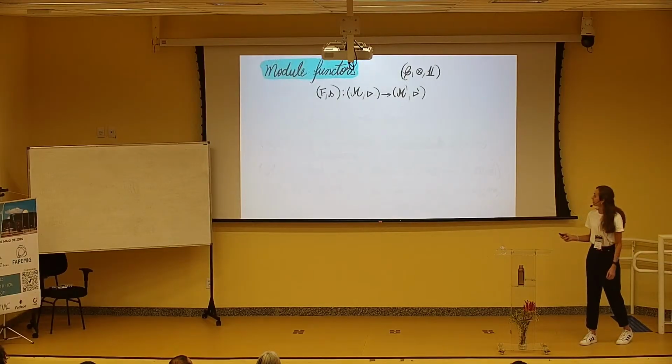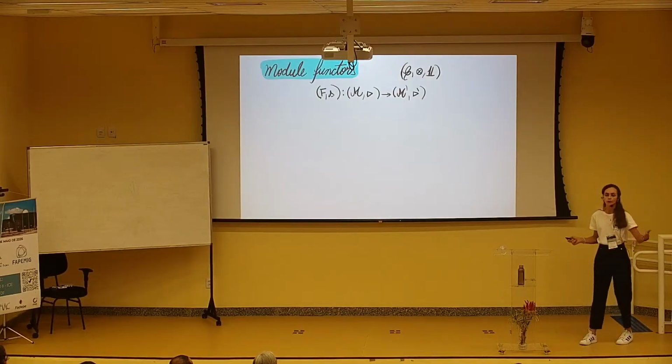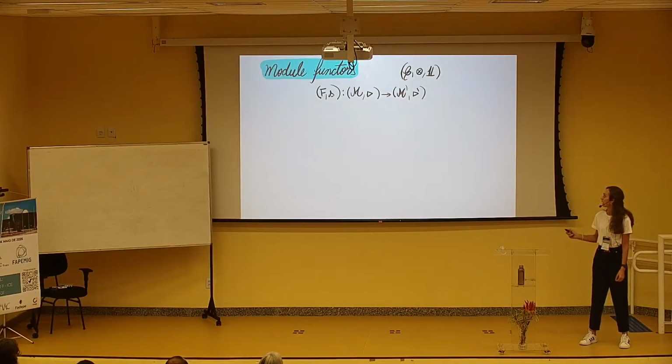And then you can talk about module functors. Of course, since I have a module category, I want to know what functors preserve that structure. So fix your monoidal category, and suppose you have two module categories. What is a functor between them?